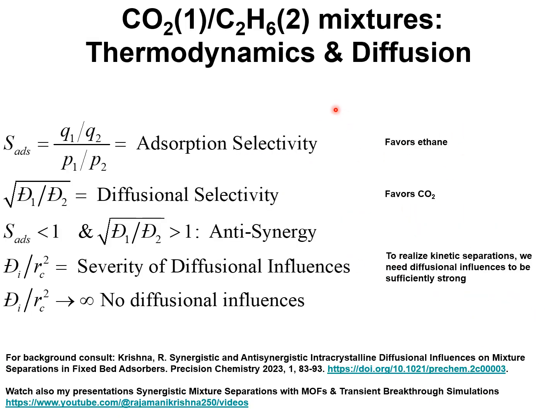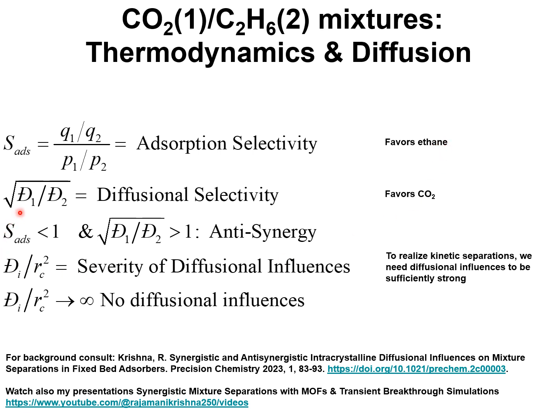Let's summarize the adsorption and diffusion characteristics of mixtures of CO2 and C2H6 in DDR zeolite. We define the adsorption selectivity as the ratio of the component loadings of CO2 to C2H6 divided by the corresponding ratio of the partial pressures. The adsorption selectivity favors component 2, which is ethane.